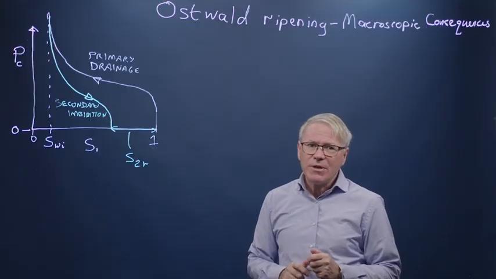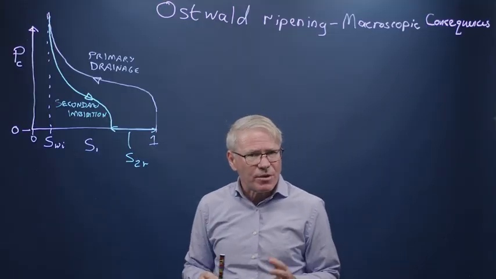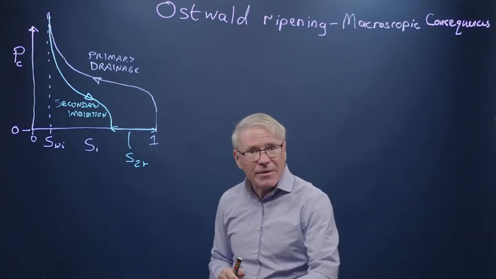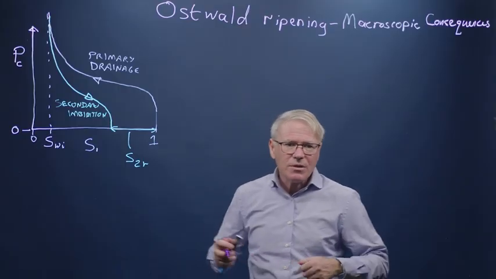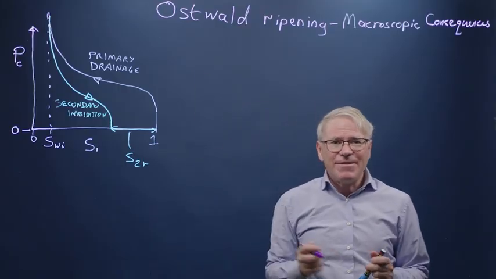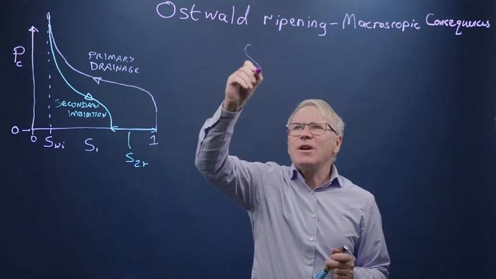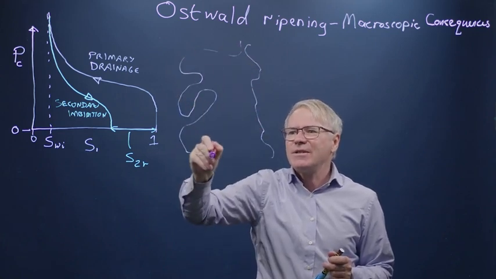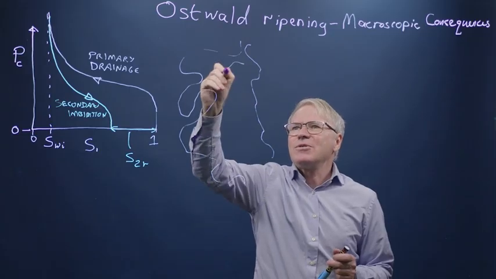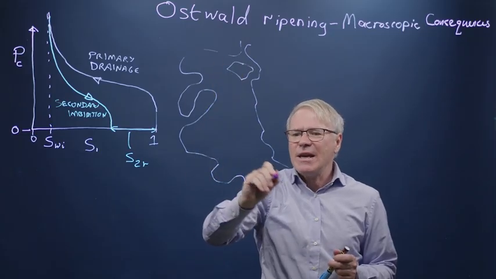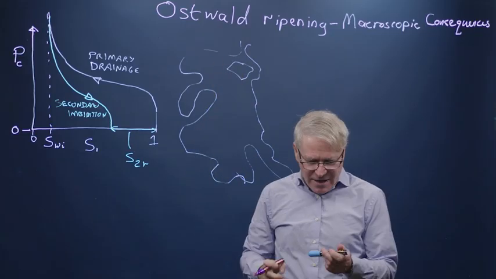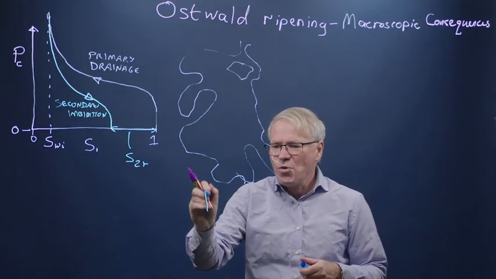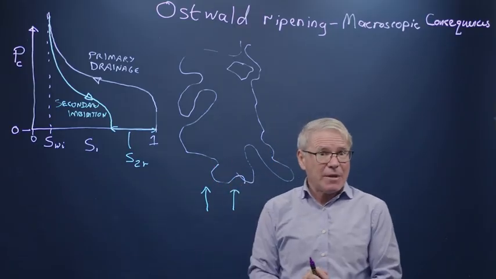So what happens if you do? And what is the process? So now let's think about this carefully. So imagine we have originally well-connected gas through the pore space. So here's the gas phase. It's going to be well connected. It's got lots of loops. There may be some water here, but it's well connected. And now water is going to come in, say, from the bottom here.